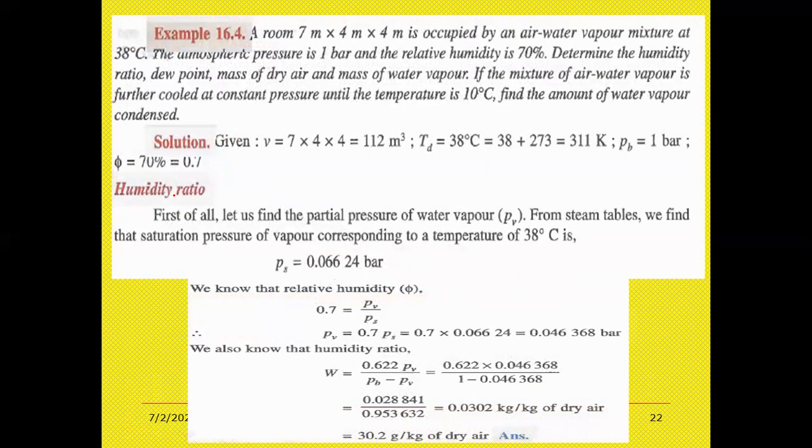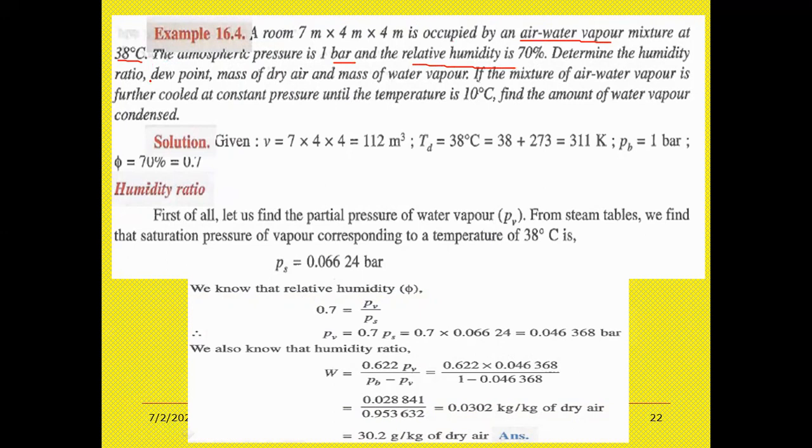Now, the next problem. A room of 7 meters by 4 meters by 4 meters, that is length, breadth and height, is occupied by an air water vapor mixture at 38 degrees centigrade. The atmospheric pressure is 1 bar and the relative humidity is 70 percent.